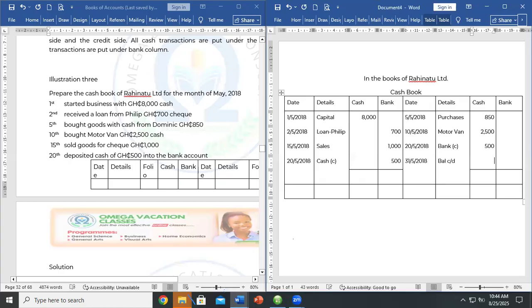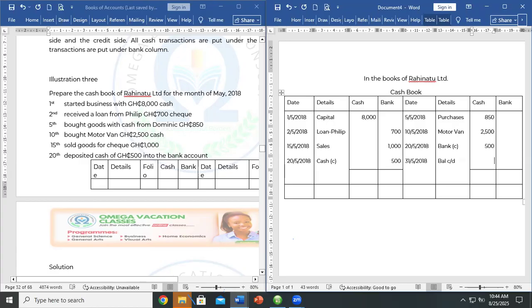So for the cash, the carry down will be 8,000 minus, please, my professors with calculators, let's get the difference for the carry down. So we have 8,000 minus 3,850.